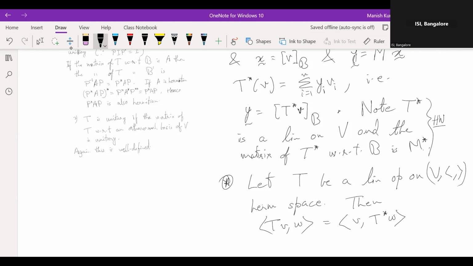So this is one way to define it. You could have used this to define T star as well.